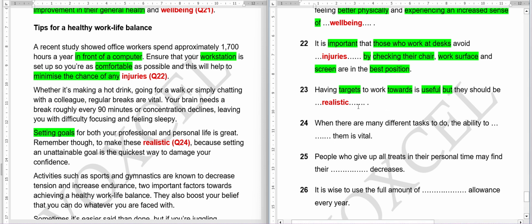So if you are having targets, it is a useful thing to do. But there should be something. Obviously if you have a target in front of you and you think it's not achievable, you will not be doing your best to achieve it, because you have already told yourself that whatever I do I will not be able to complete this because it's humanly impossible.